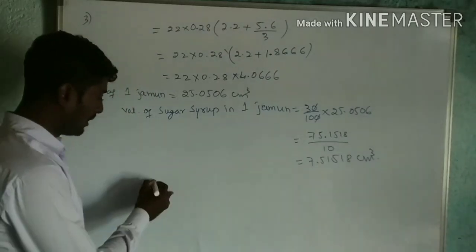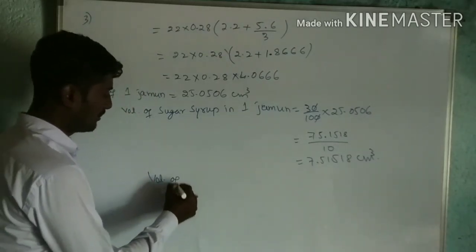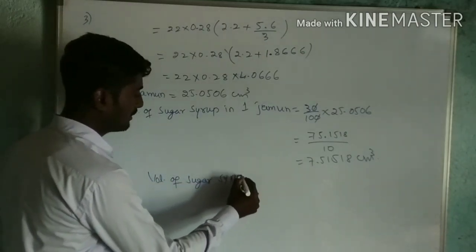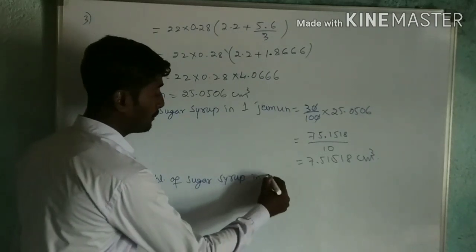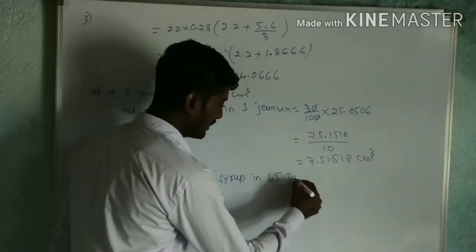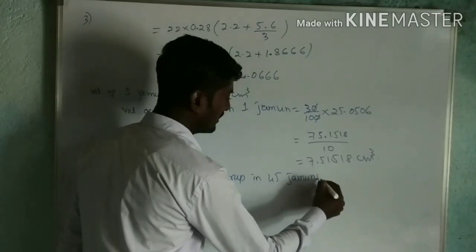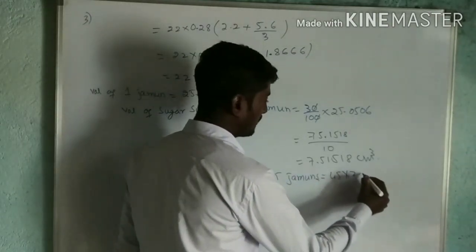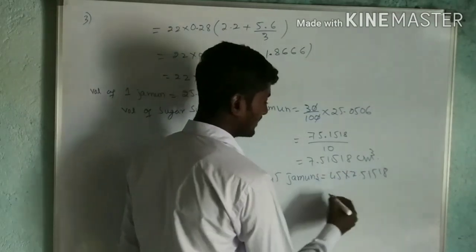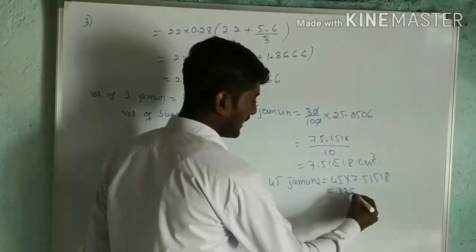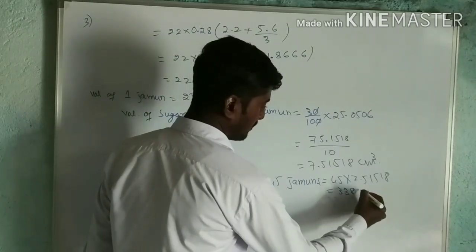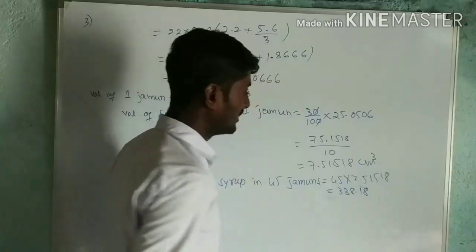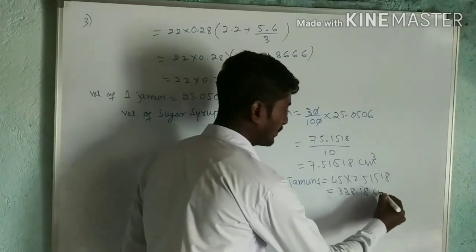Next, the last one: volume of sugar syrup in 45 jamuns is equal to 45 into 7.51518, which is 338.18 centimeter cube.